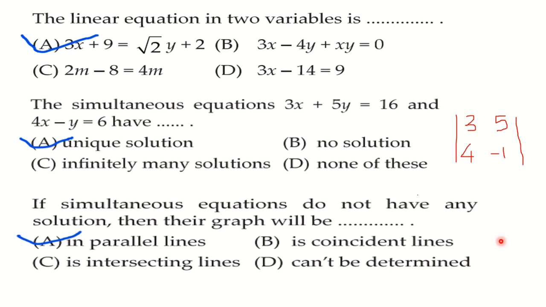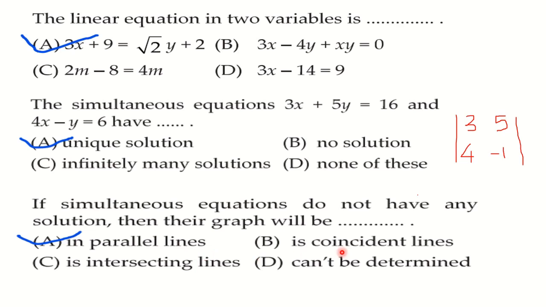So when the lines are intersecting, they are having only one solution. So if the lines are parallel, that means they are not intersecting, so the equations do not have a solution. So your answer is what? Parallel lines. You have to think here.